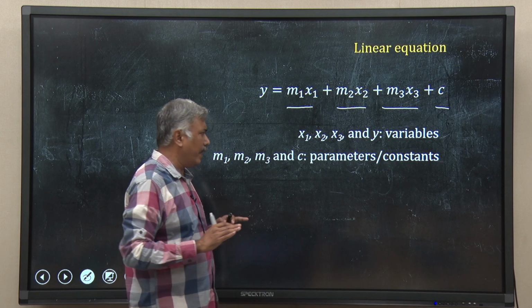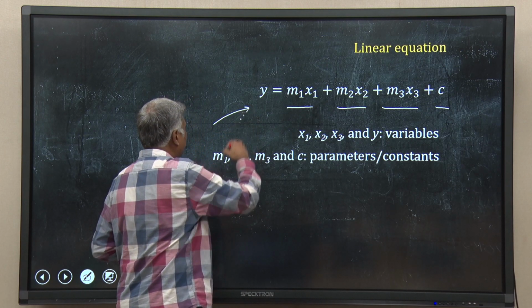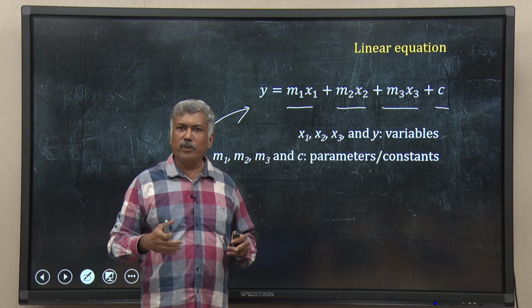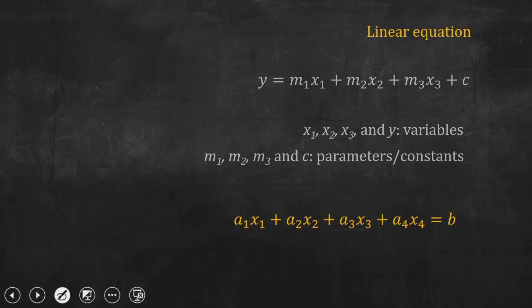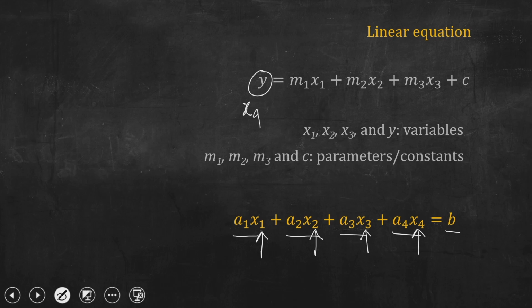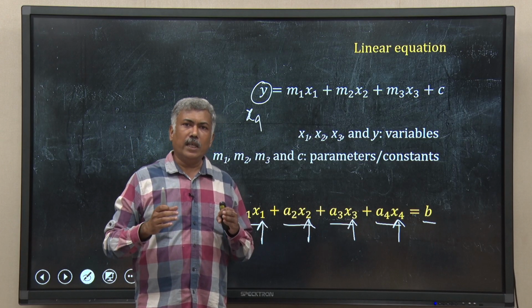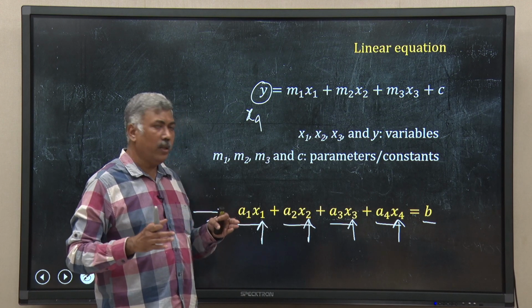Usually in data analysis and linear algebra, we do not write the equation this way. This is the way you usually write when you do coordinate geometry in school. What we do is write the same thing in this fashion: a1 x1 plus a2 x2 plus a3 x3 plus a4 x4 equal to b, where x1, x2, x3 and x4 are my variables. You can simply replace y by x4 and rearrange the m and c terms, and you will get back this one.